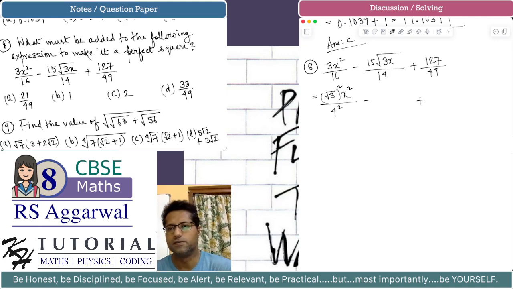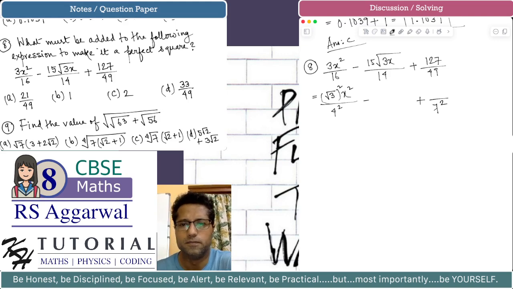Clearly 127. So we can see that this 49 is 7 square, and minus 4.